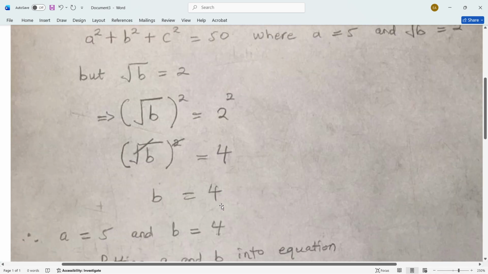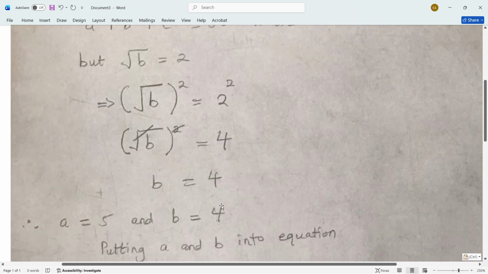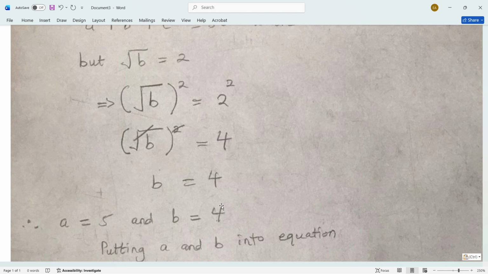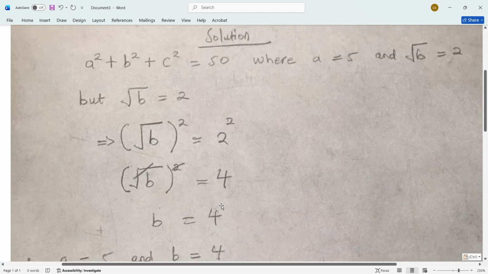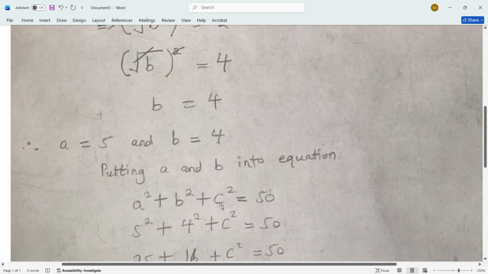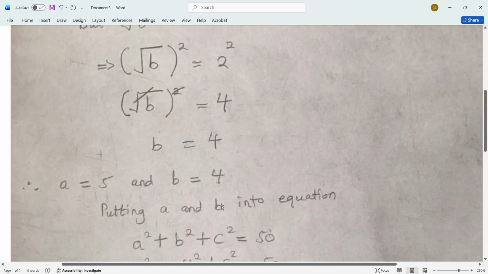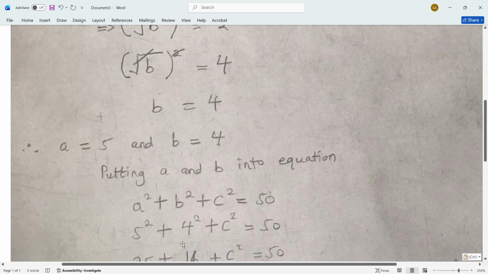So now we have our a as 5 and our b to be 4. So we put a and b into the given equation, which is a squared plus b squared plus c squared equal to 50. In doing so, we insert our a and b into the equation.